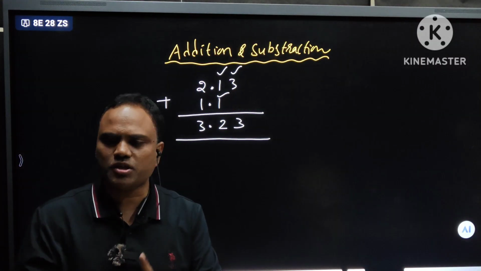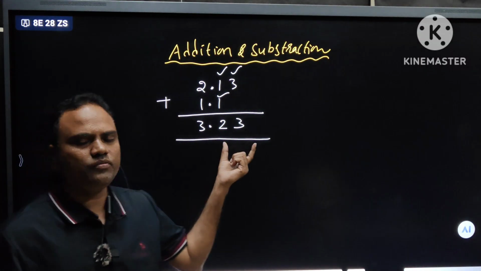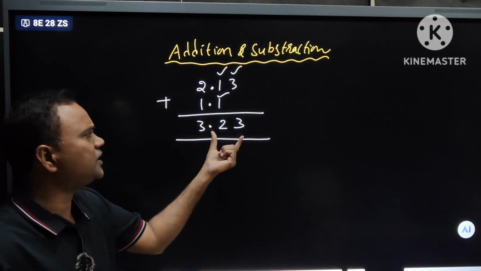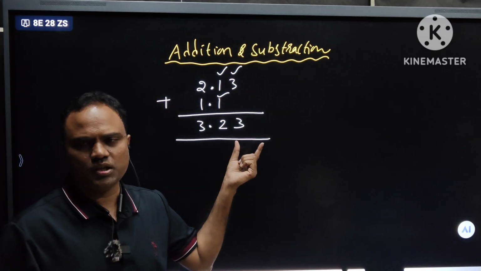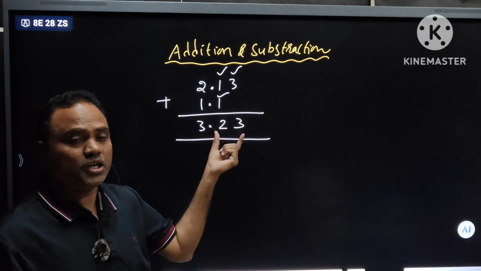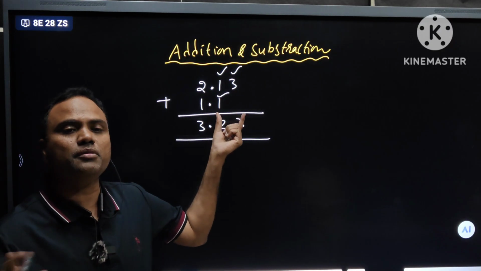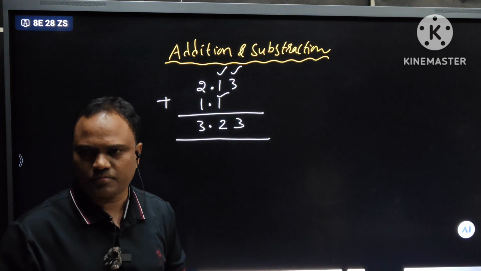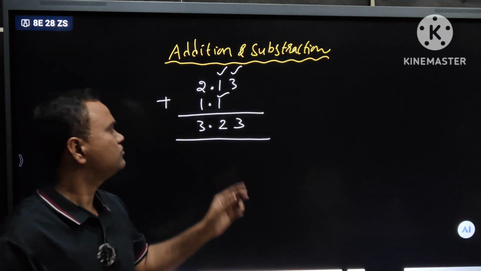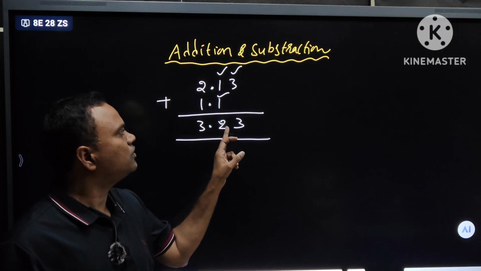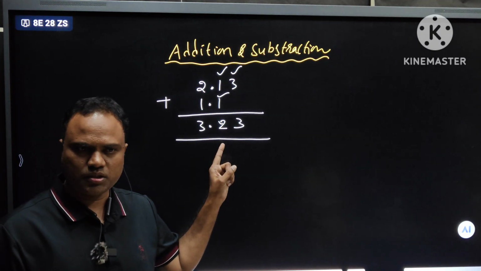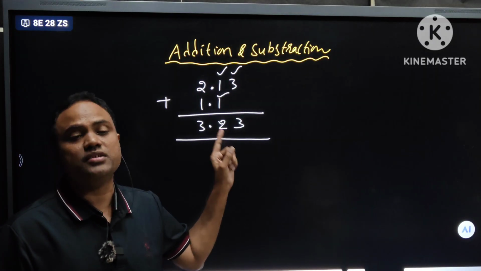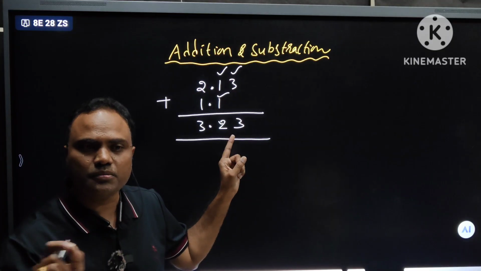See, during addition or subtraction, the final value should be reported so that it contains the same decimal places as that of the number with the minimum decimal places.